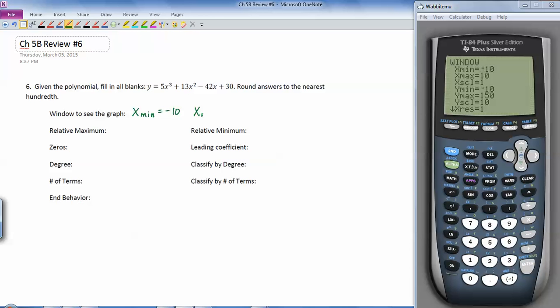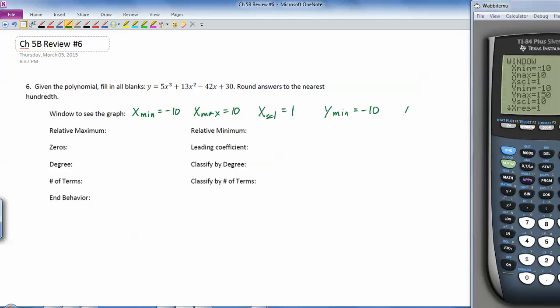The x max was 10. I don't care about the scale anyway. That doesn't actually change the picture. It just tells you how often the tick marks happen. The y min was -10, and the y max was 150, and the y scale was every 10 units there's a tick mark.